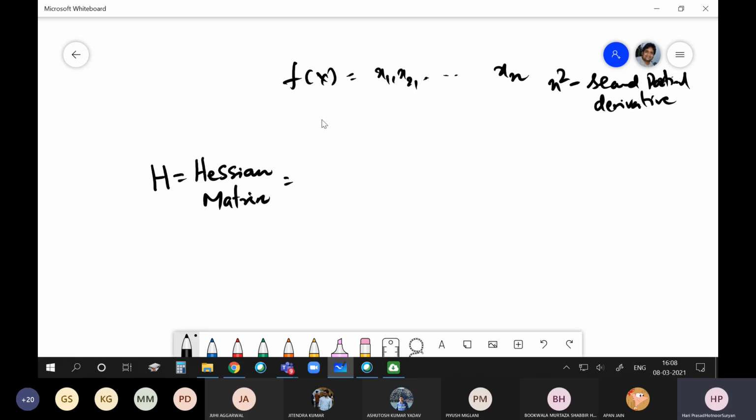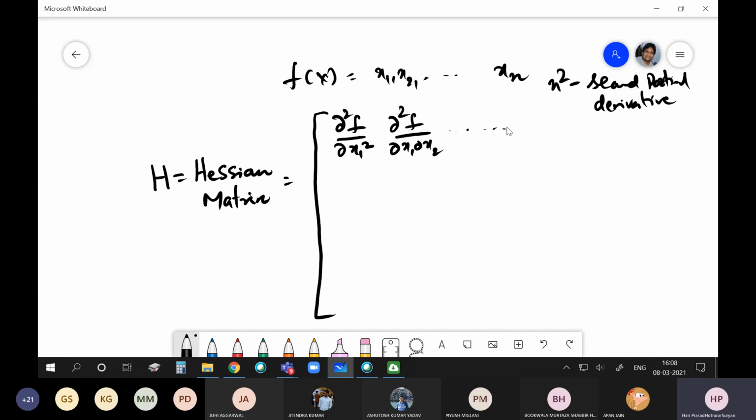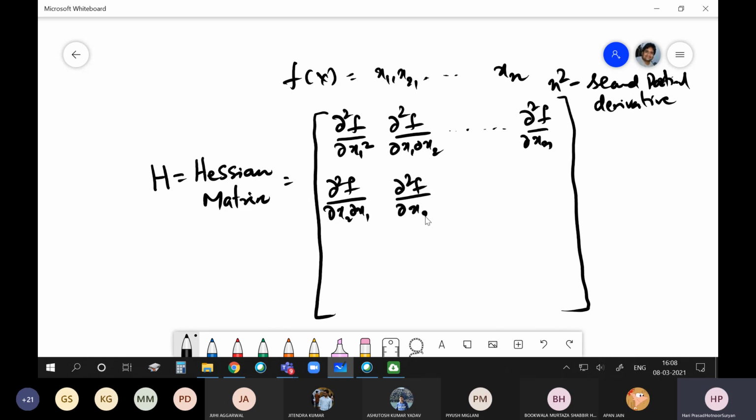Okay, so basically this is like this: ∂²f/∂x1², ∂²f/∂x1∂x2, and so on, up to ∂²f/∂x1∂xn.